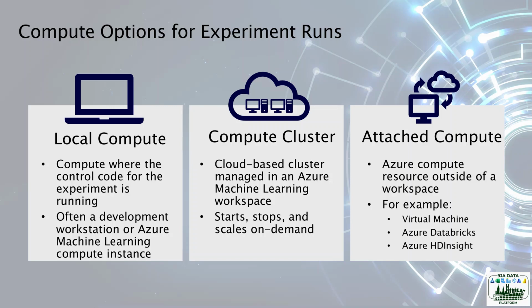And there's also the compute cluster. This is more like a cloud-based cluster managed in Azure Machine Learning Workspace. This you can start, you can stop, you can scale up, you can scale down, based on your workload. So this is a combination of clusters that you can use instead of just having one compute context, right?